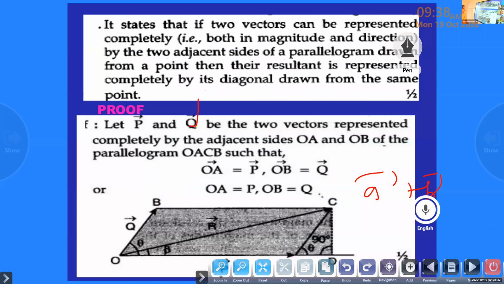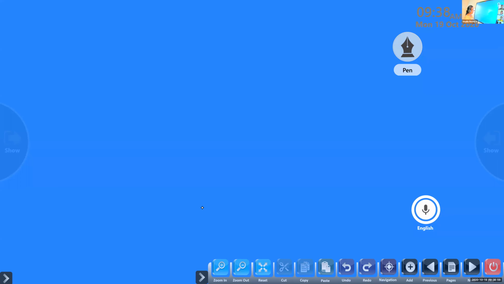Is this parallelogram visible, children? Or I should draw again because it is somewhat blurred. Okay. So this is a parallelogram. Otherwise, I will draw by myself, otherwise it's very difficult for you. You also draw with me a new parallelogram.